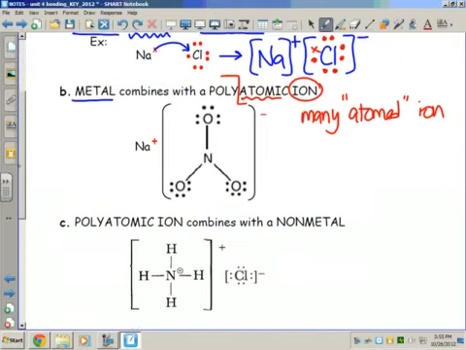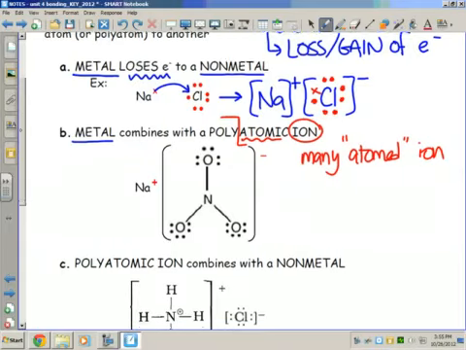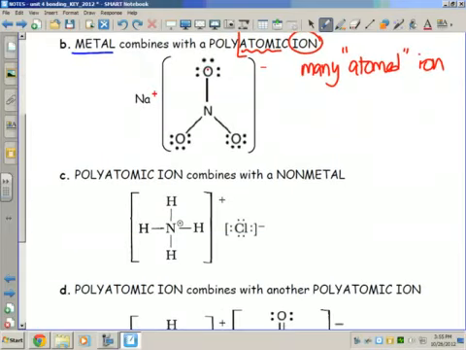Instead of being a single atom like sodium or chlorine, a polyatomic ion involves, in this case, 1, 2, 3 oxygens and a nitrogen for a total of 4 atoms. And that's where you get the term polyatomic, and since it's charged, ion.